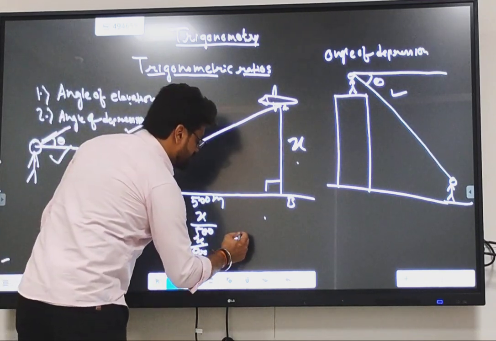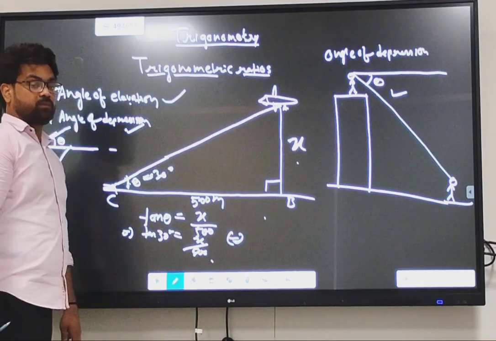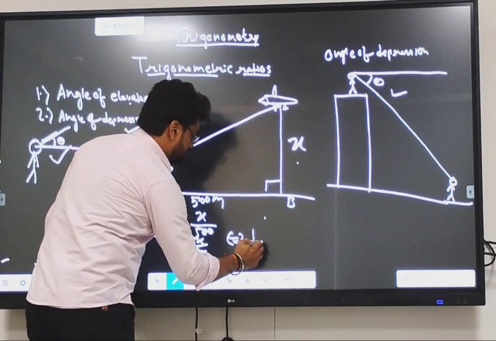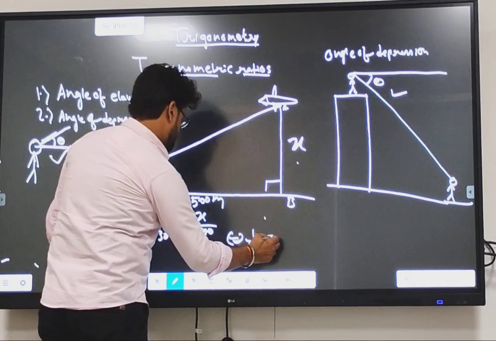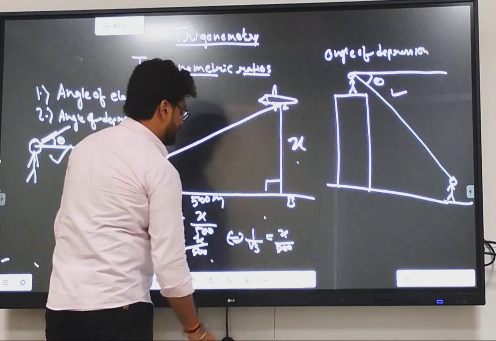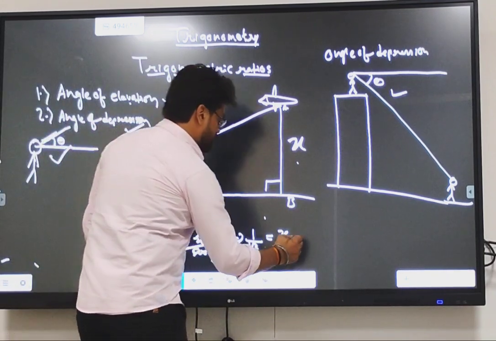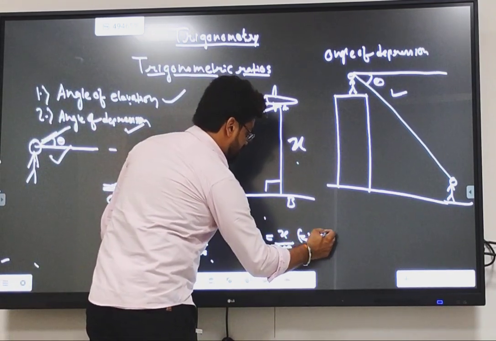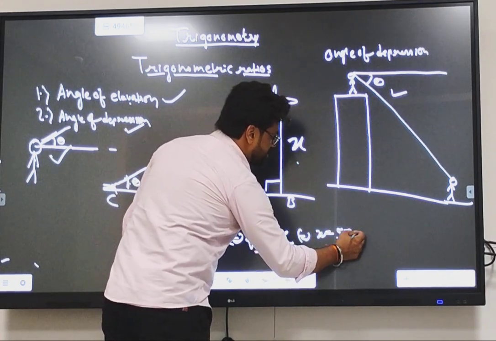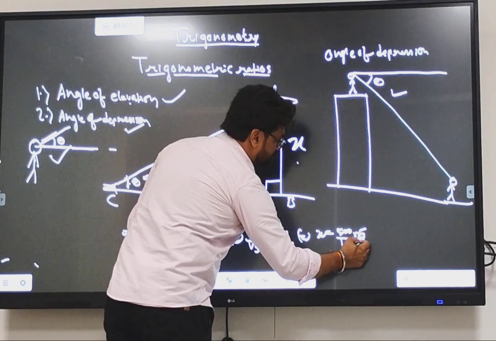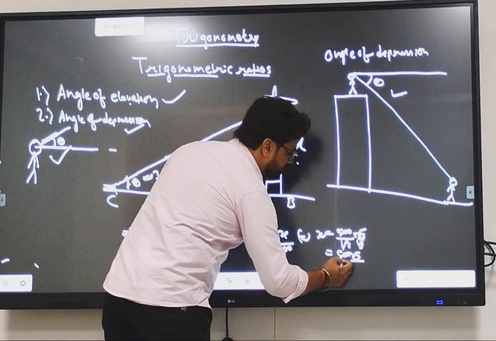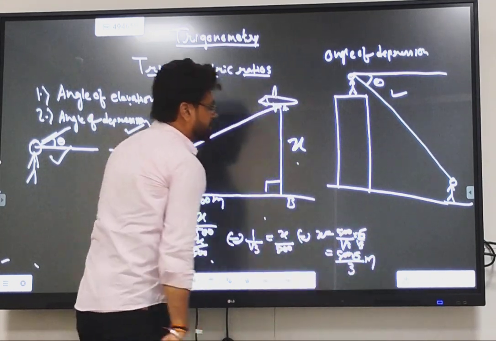The value of tan 30 was 1 upon root 3. So 1 upon root 3 equals x upon 500. So x can be calculated as 500 upon root 3. Rationalizing it, we have 500 root 3 upon 3 meter.